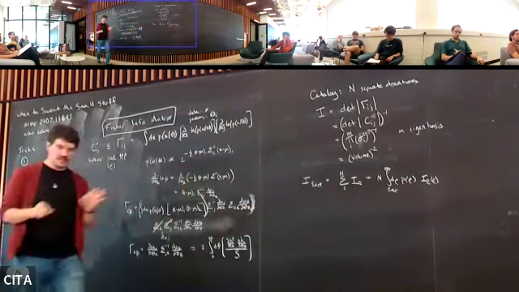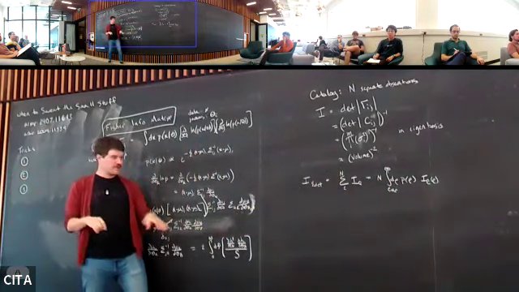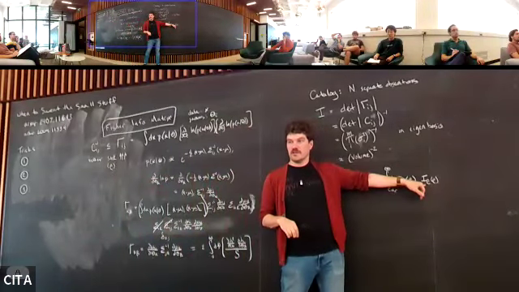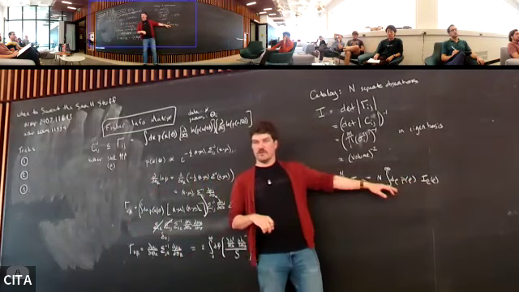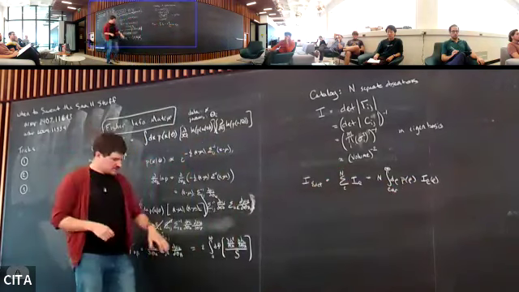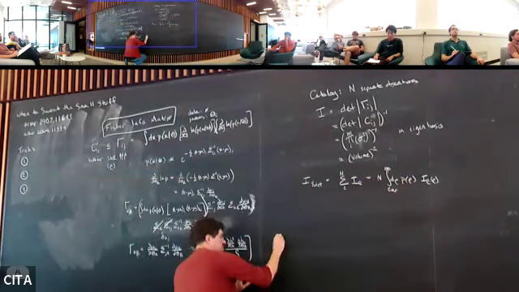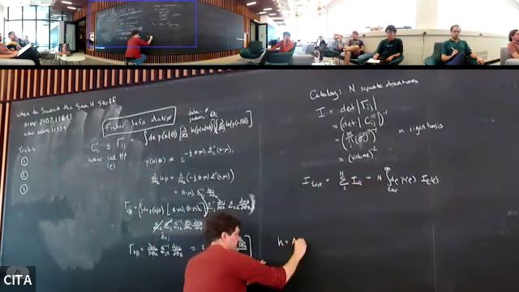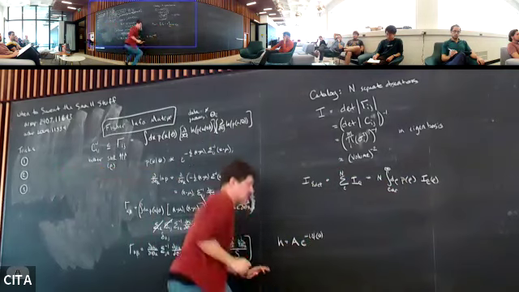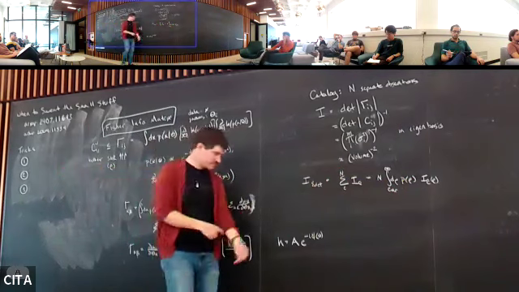The last thing I need to tell you is that for many of the parameters that we're interested in, there is a special scaling. This is great, but I wrote down this thing here, and I haven't specified what it is. So this integral expression is not particularly helpful. But it turns out for several different parameters, in particular, if you have a signal model H that looks like some amplitude A, e to the i psi of parameters, your parameters only or primarily affect the phase of your signal.